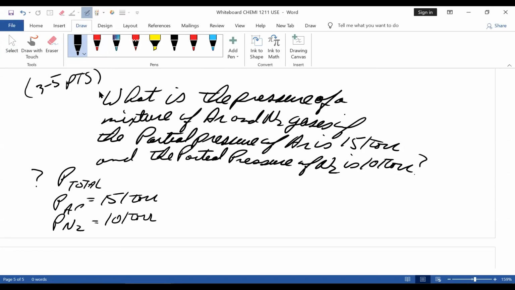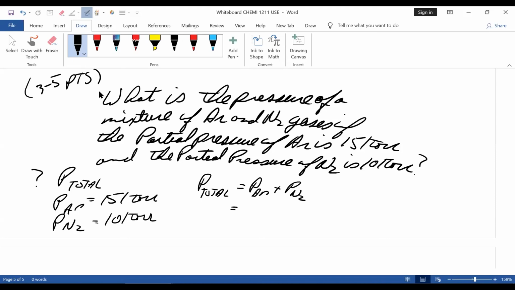And this you'll be given. What should you use? Dalton's law of partial pressures, and that is the total pressure equals the sum of all partial pressures. In this case, that's P argon plus P nitrogen.